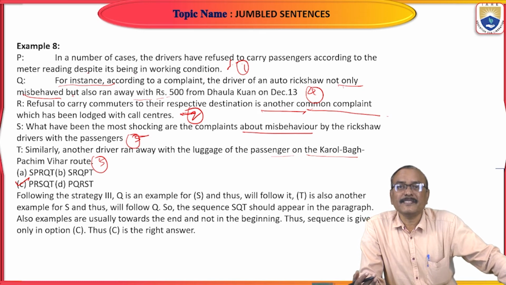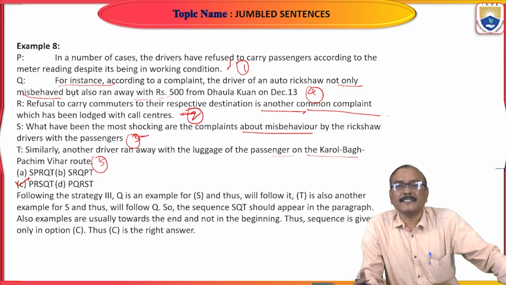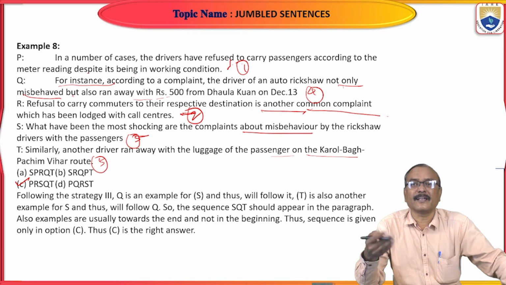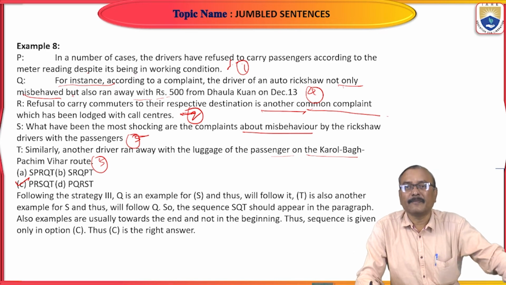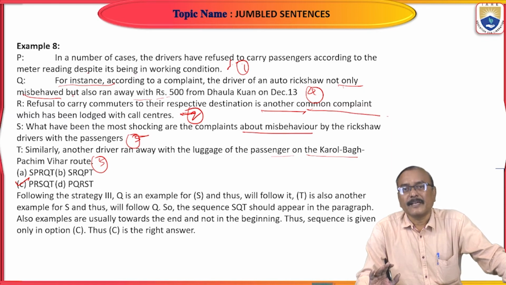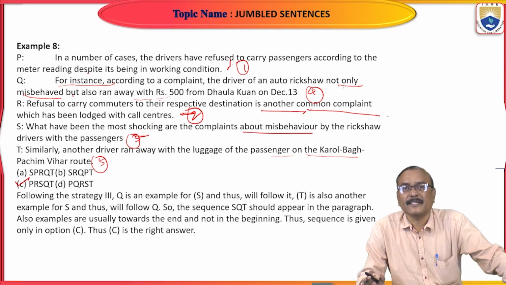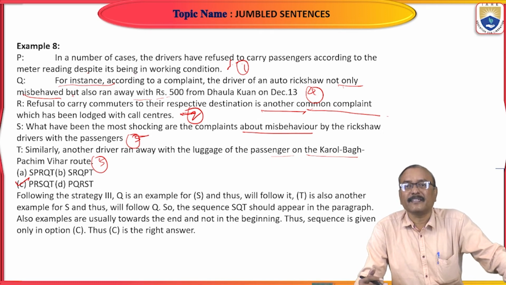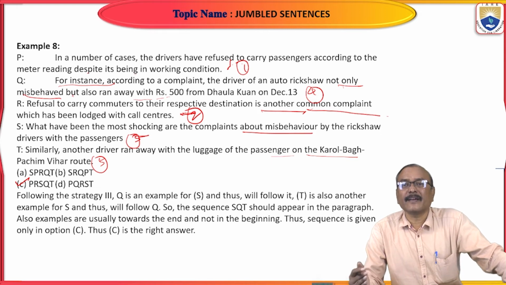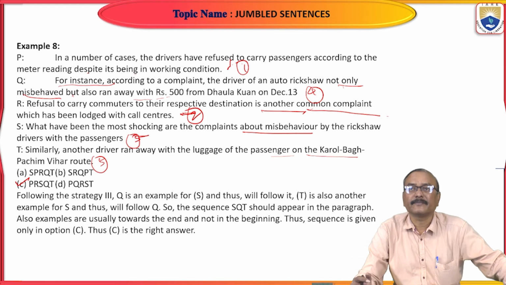And Q is an example for misbehavior. And T is similarly. Similarly means another problem. In Q, an example for misbehavior is given and ran away with rupees 500. And next, similarly, another driver ran away. Is it clear? So like this is the order.